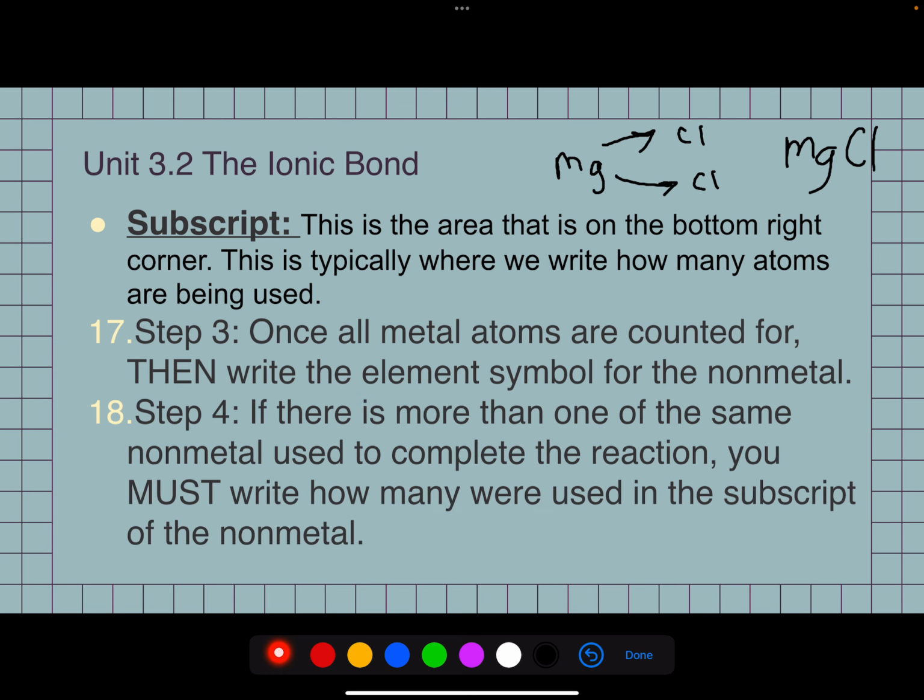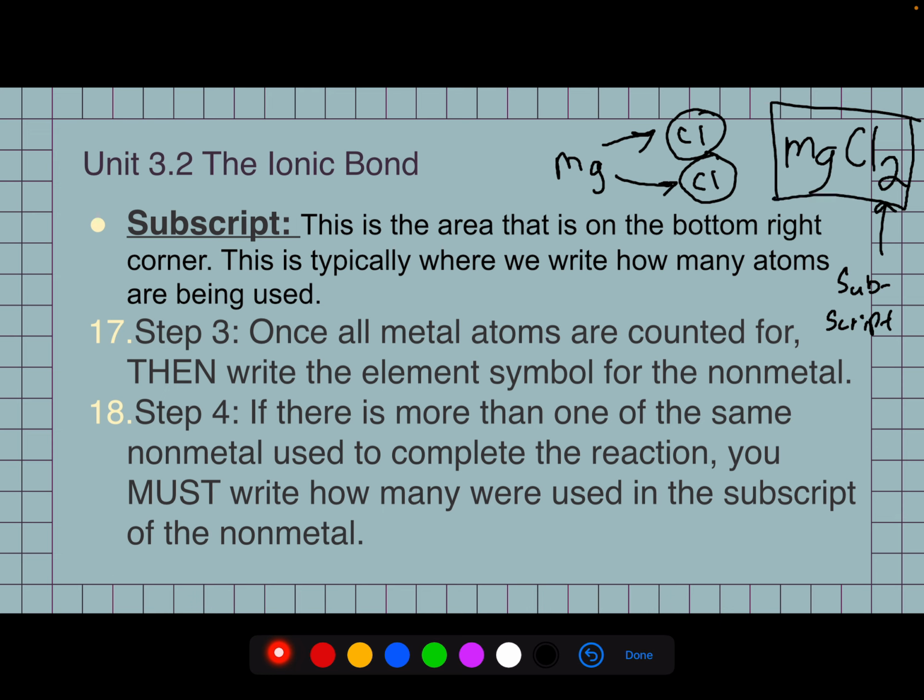Just like before, if there is more than one of the same nonmetal used to complete the reaction, you must write how many were used in the subscript of the nonmetal. See how I used 1 and then 2 chlorine atoms? So I'm going to write it down here in the subscript. That's where you write it. So this is your chemical compound, what you get at the end.